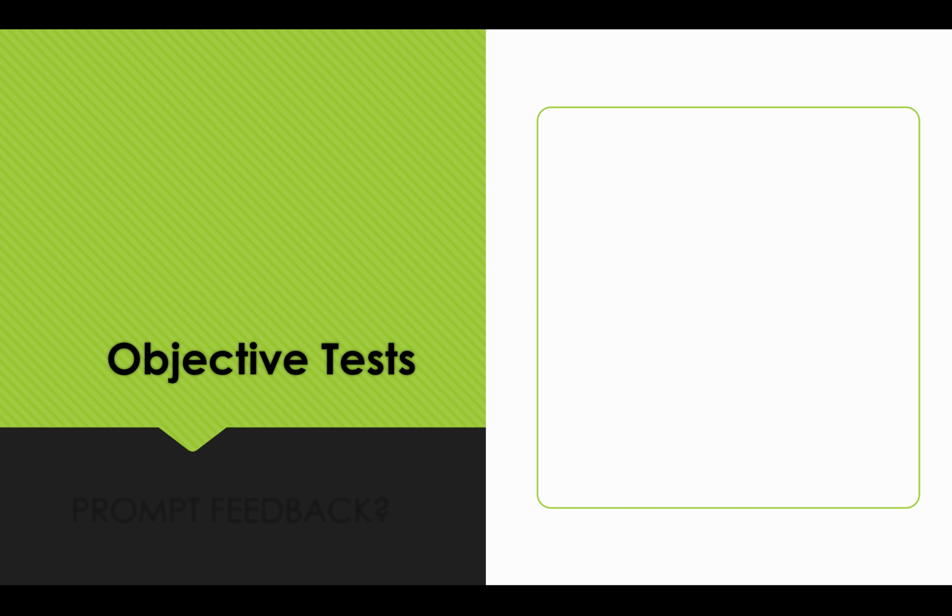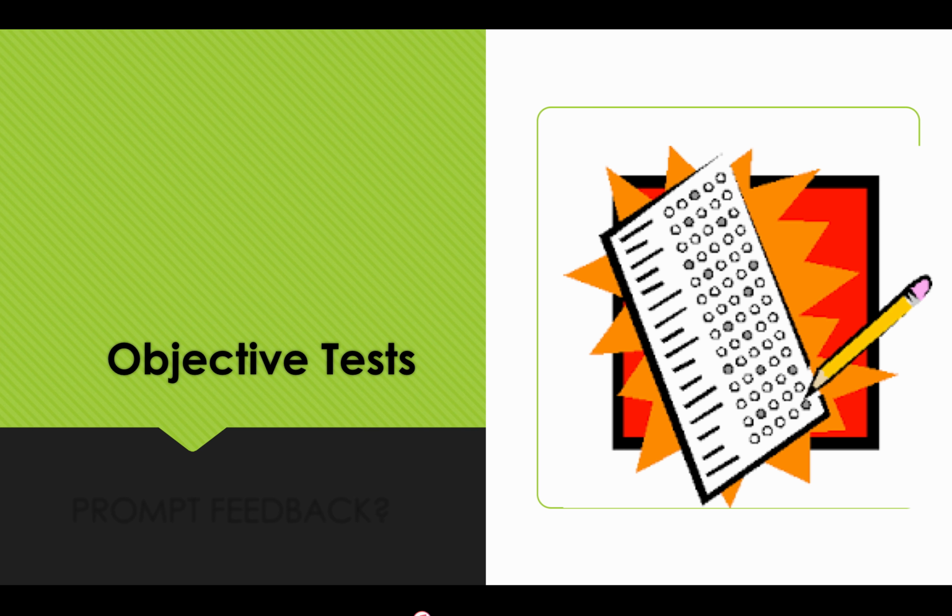Behaviorist teachers often use objective tests, which are fill-in-the-blank, multiple choice, low-level recall type assessments. One of the reasons behind this type of test is to give prompt feedback. These types of tests are easy to grade and students can find out how well they did.